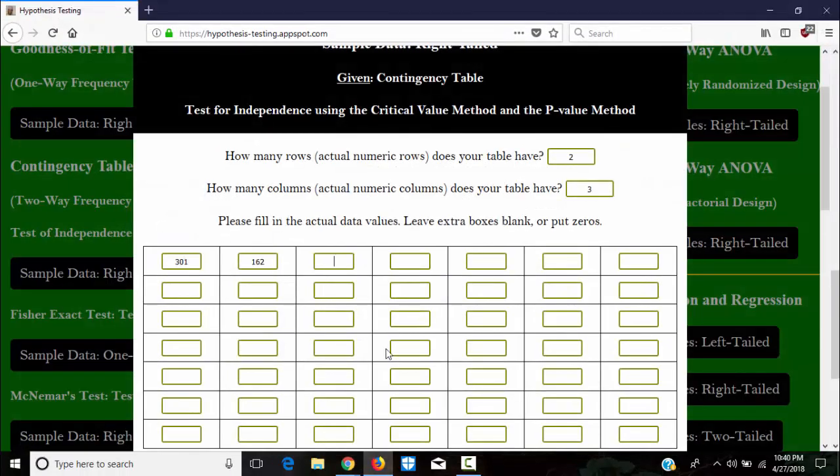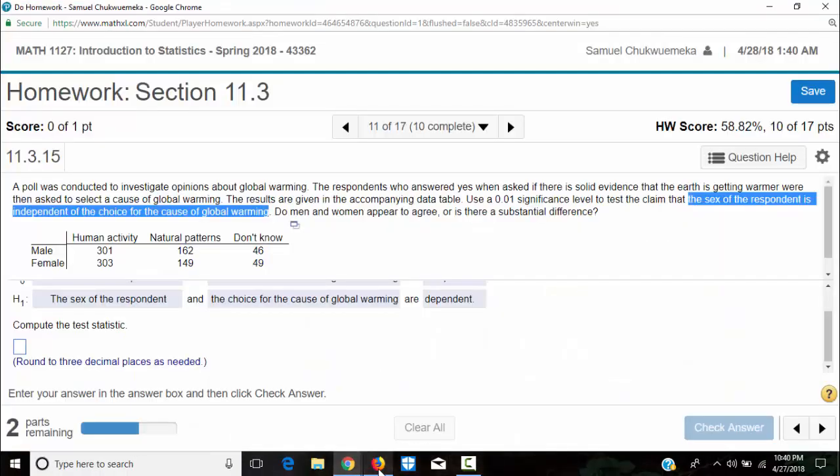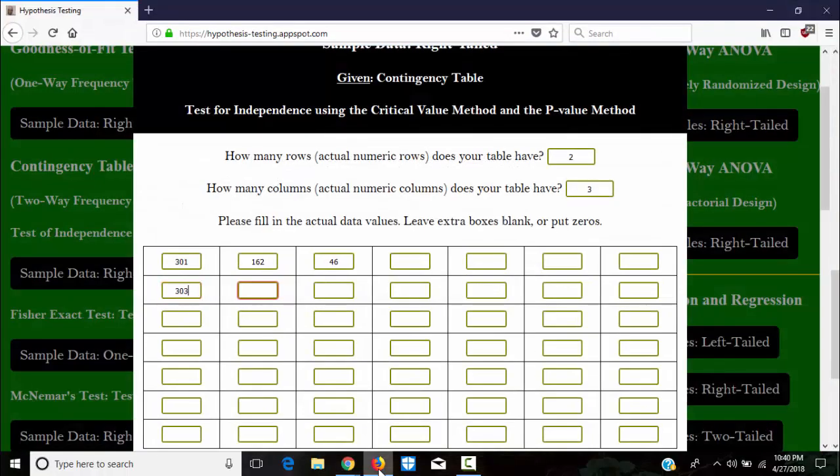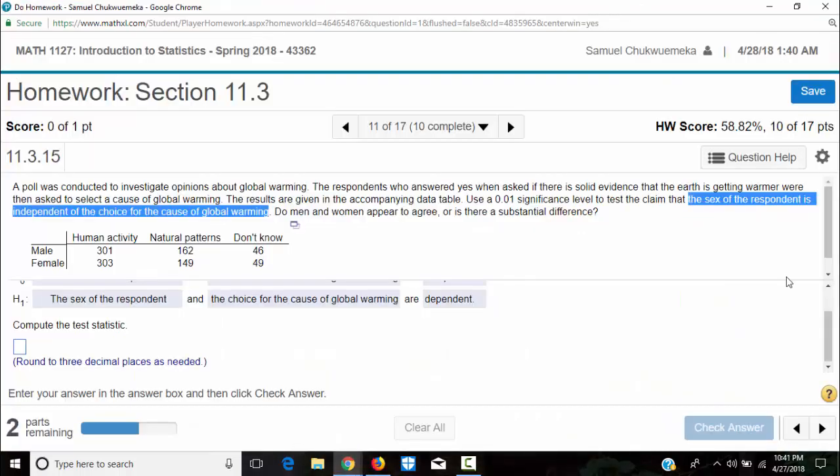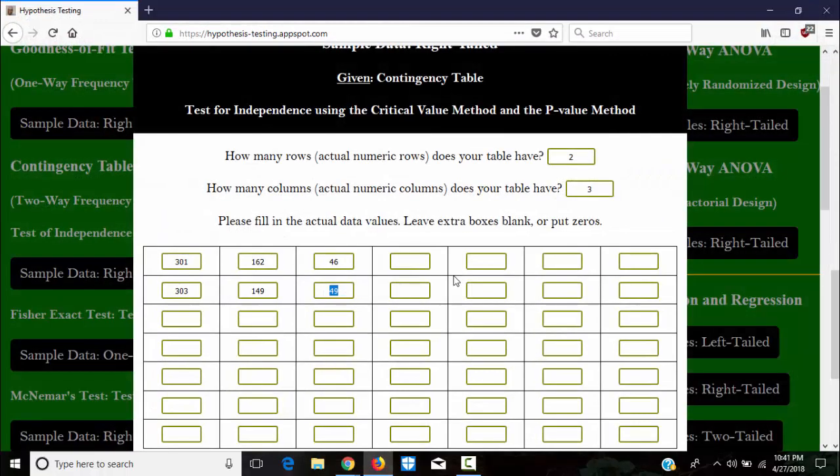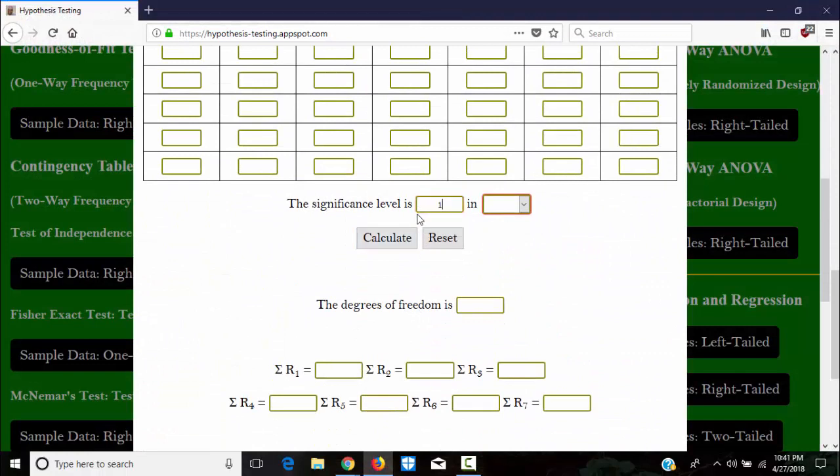The second row is 303, 149, 49. Now what? Use 0.01, which is a 1% significance level. Not 5% now, but 1%, or you put 0.01 in decimal. Calculate.